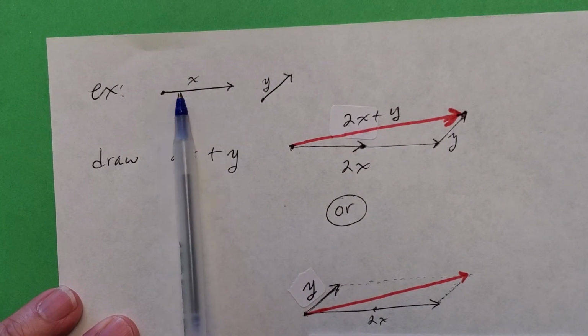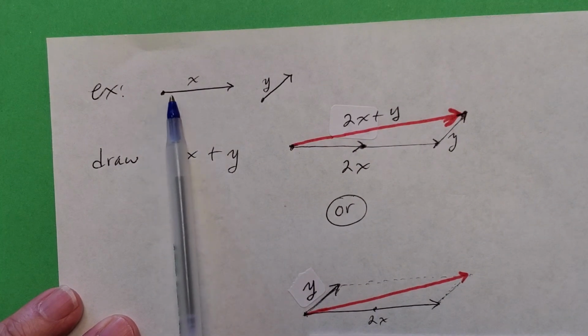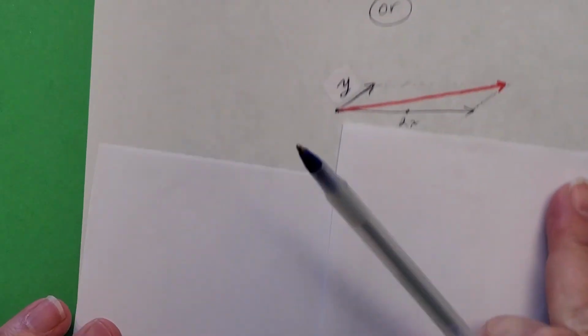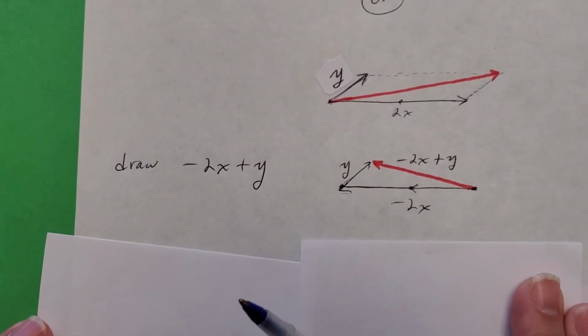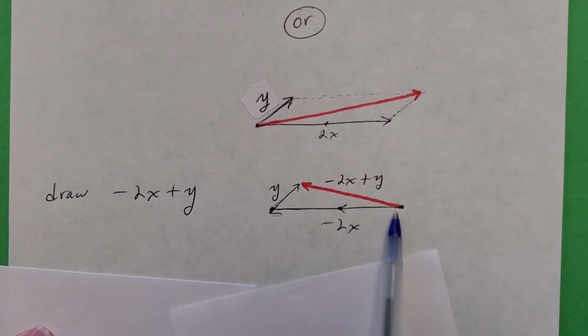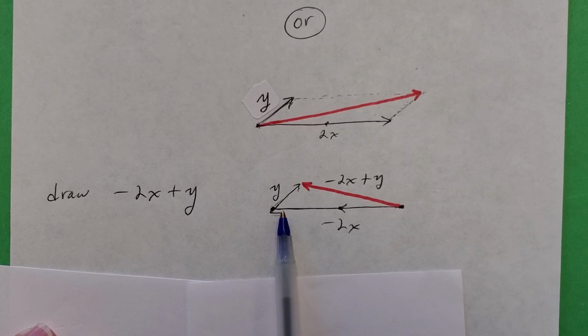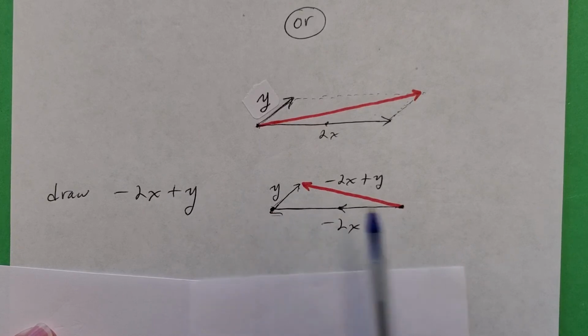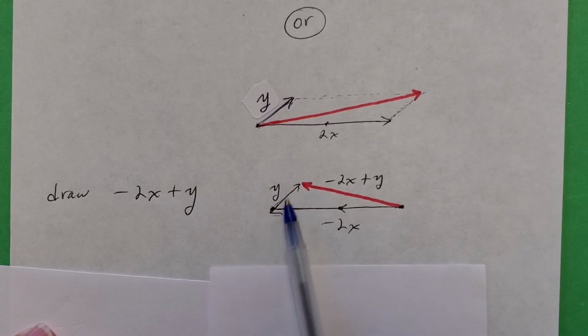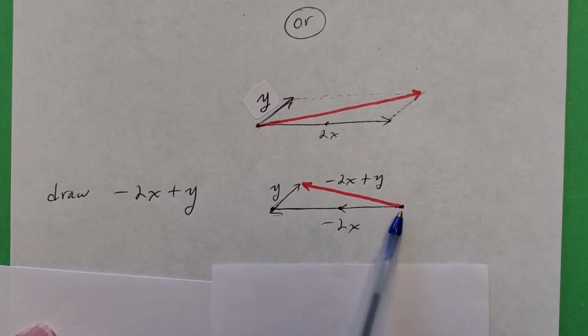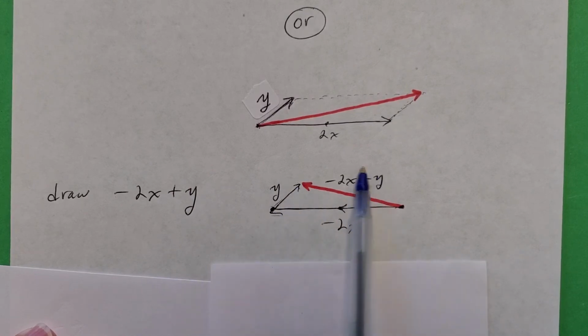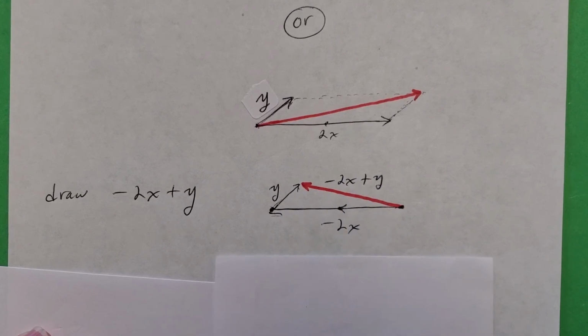You're going to draw it pointing to the left and draw it double the length, and then add y. So here's my negative 2x, x going to the left, and then tip to tail, draw y here. Not over here, here. There's y. And connect them like that, and there's your answer, negative 2x plus y.